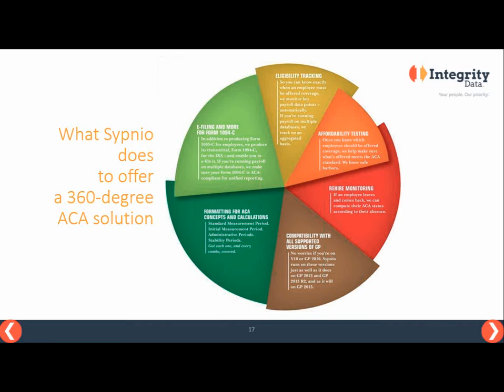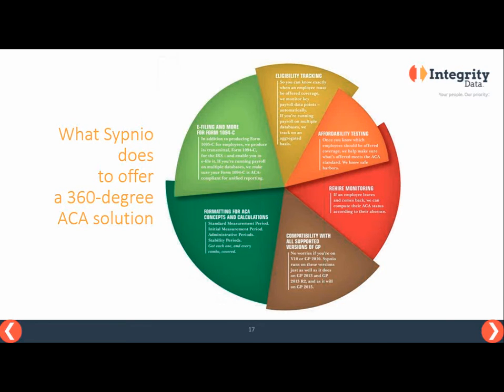Obviously, the thing that we do that is the most attractive to many people is production of the 1095-C and the submission of 1094-C. A couple of differences between this process and W-2s. First off, W-2s allow you to submit departmentally or divisionally.